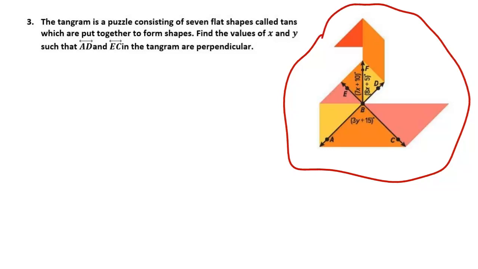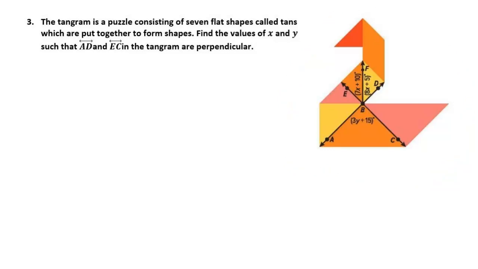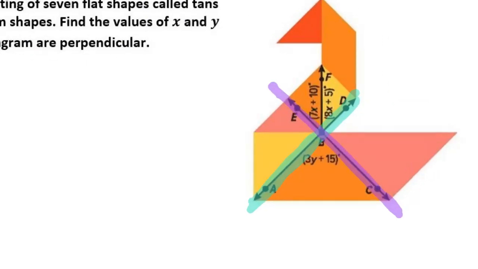It's these little puzzle pieces that have been put together. The important thing to note here, though, is that we are getting some right angles. It tells me that line AD, this line right here, and line EC, this line right here, are perpendicular. So they are making 4 right angles.